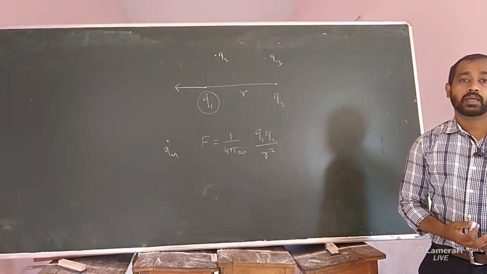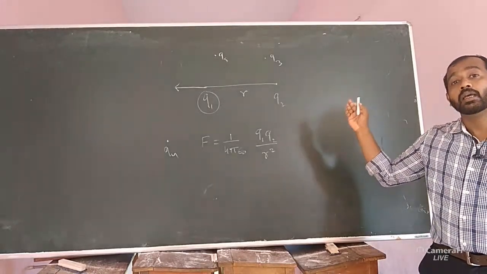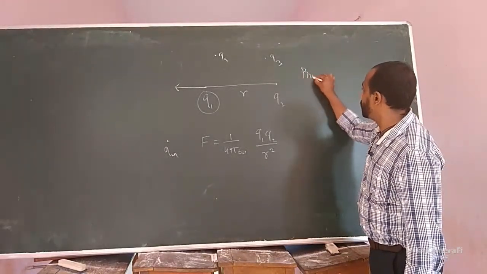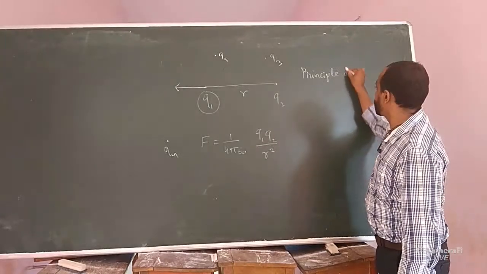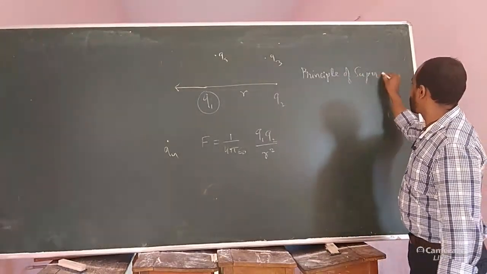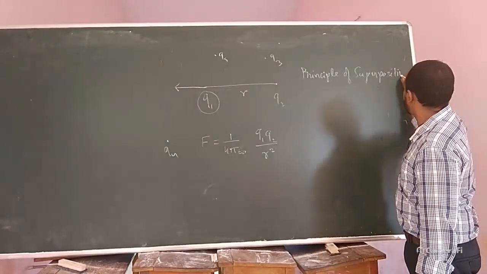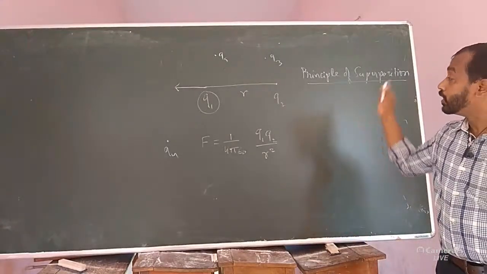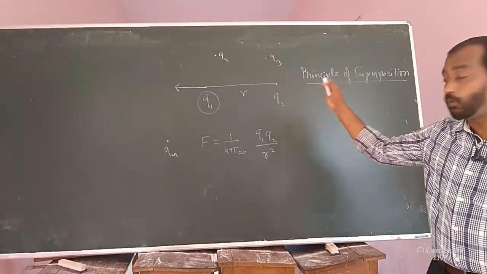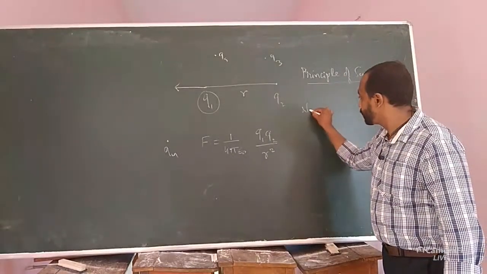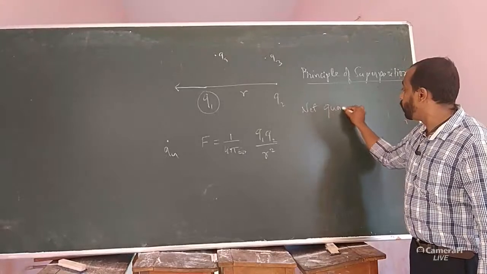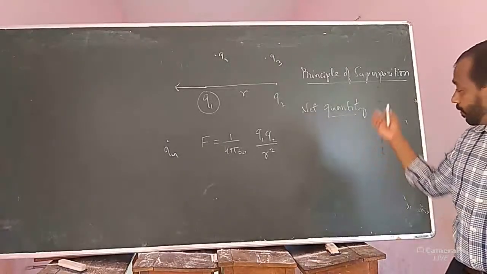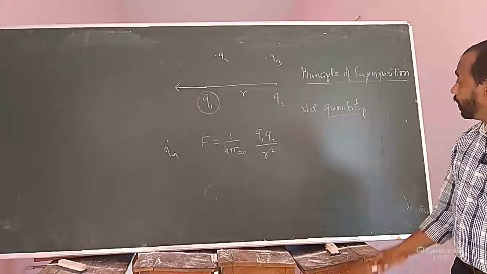That's the question. Here you might have studied the principle of superposition in the last year itself. According to the principle of superposition, if you want a net quantity of something, it could be anything, force, displacement, energy, or something else.